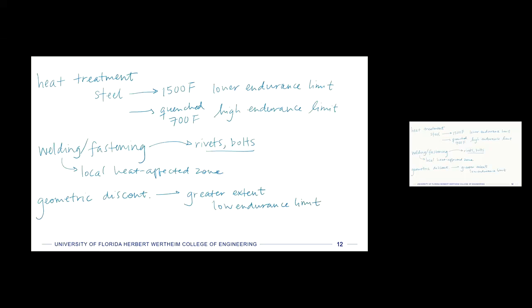Okay. And then the last one I'm going to mention, because I think we're very tight on time, is the surface conditions. So let's say you had a part and you wanted to put a coating on it. You wanted to plate it with nickel or chromium so that you could help prevent corrosion.